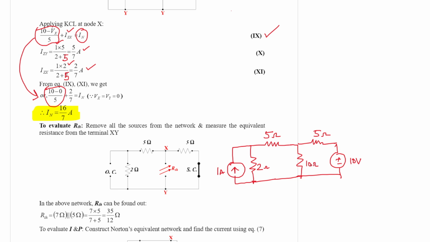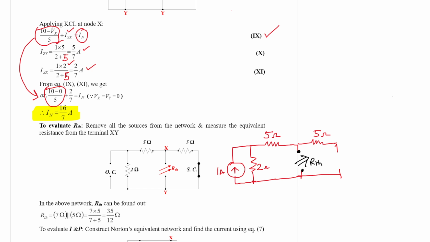So we solve one by one. First of all, we need to look from the load terminal. Sorry, no, it is the Thevenin equivalent resistance. So that is why you need to look from here to measure RTH. That is step number 1. This is RTH. Now how can you measure it? You must remove the voltage source by making it short circuit.